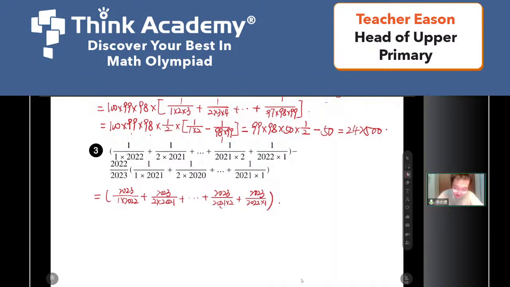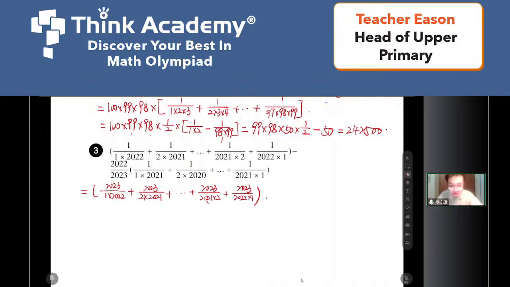So as long as the denominator is a product, we can use the splitting term. If in the denominator the sum is constant, then we change the numerator into a sum. If the difference is constant, we change the numerator into the difference. So it just depends on how the denominator looks.